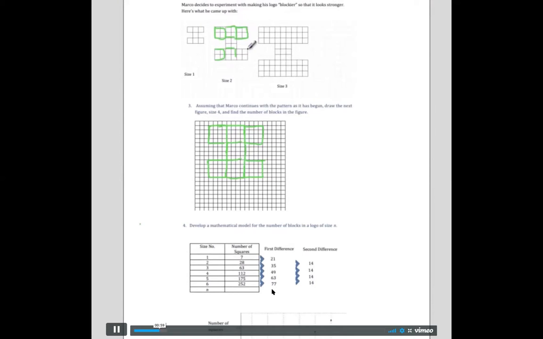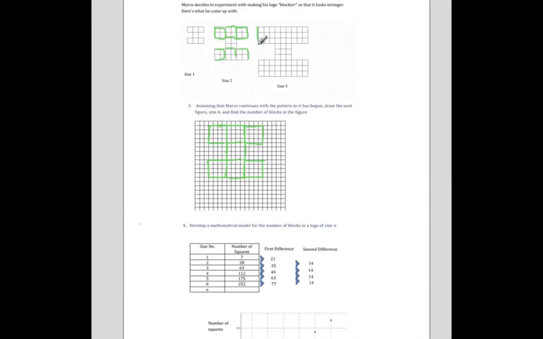Over here, once again, 7 sections, but now they were 3 by 3 blocks. And here, I once again had 7 sections, but because it's size 4, now they were 4 by 4 blocks. And so I just have 7 4 by 4 blocks, which is how I came up with the next figure.